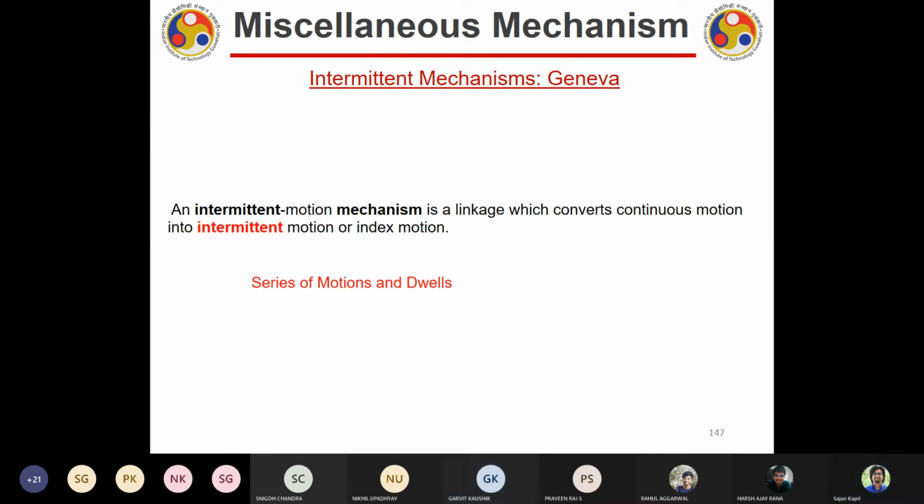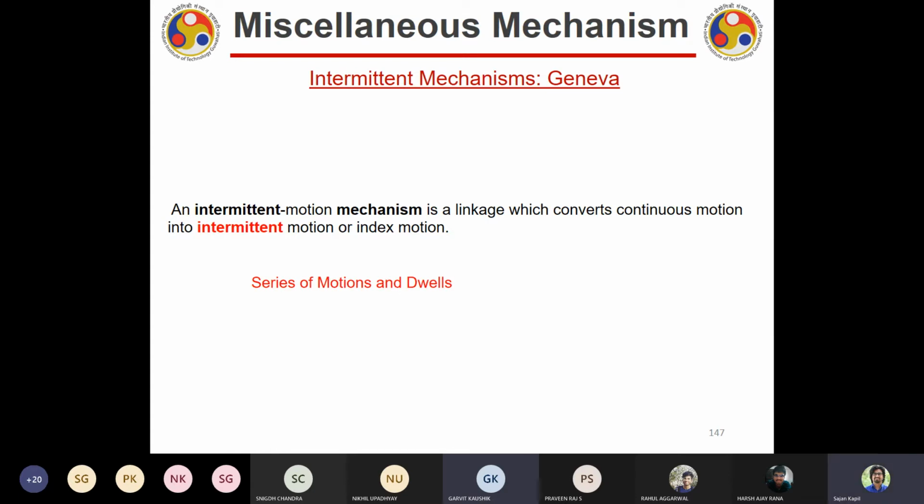Which door? Sir, you once showed it in the tutorial. I don't know the name of that. It was the Geneva mechanism, I mean, it was an intermittent motion mechanism. Sir, when we open the door, for a while it stops also, no?